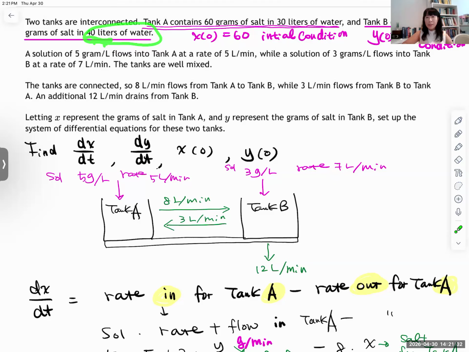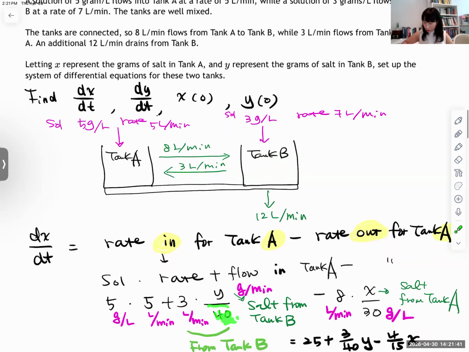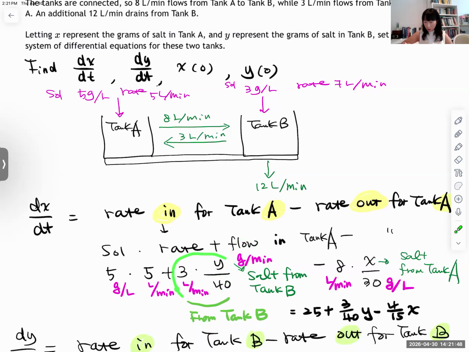So we don't know how much salt remains from the 40 liters of water. The unit is grams per minute. All right. So these two are from tank B, and tank A has the solution with the rate. Make sense?